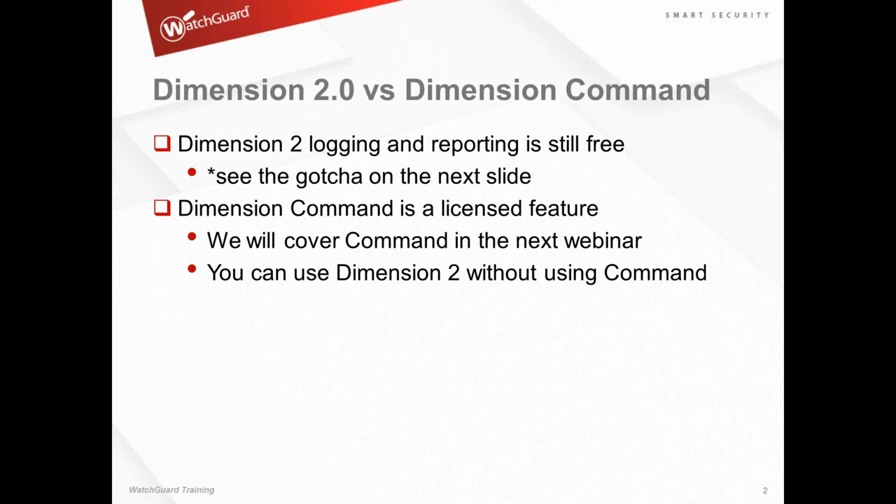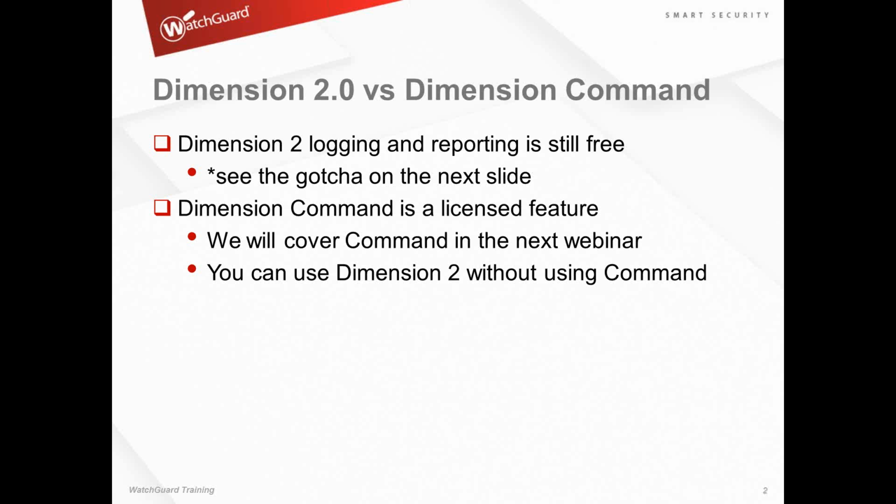Now, Dimension Command is a licensed feature that gives you the ability to control your firewall and make changes to configuration right from the Dimension logging and reporting piece. So today I want to focus on upgrading to Dimension 2.0, getting that up and running, and seeing the differences in Dimension 2.0 versus the 1.x versions, some of the new things you can do.